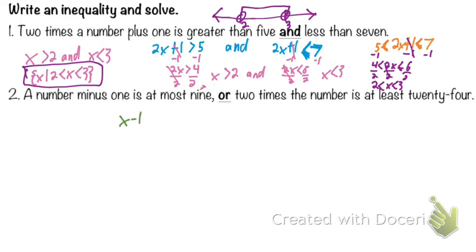The at most means less than or equal to, saying that's the highest it can be is whatever's on the right, but it can be less than that. So x minus 1 is less than or equal to 9. Or 2 times the same number, 2 times x, is at least, so greater than or equal to, 24.